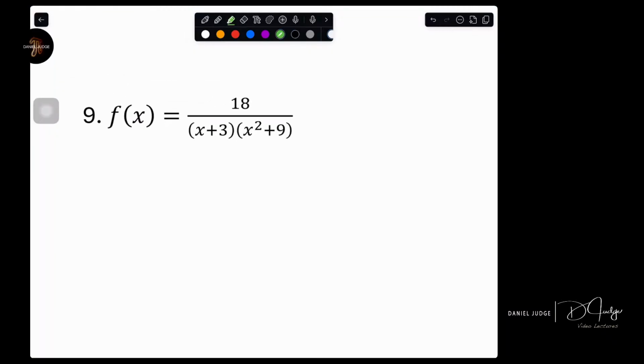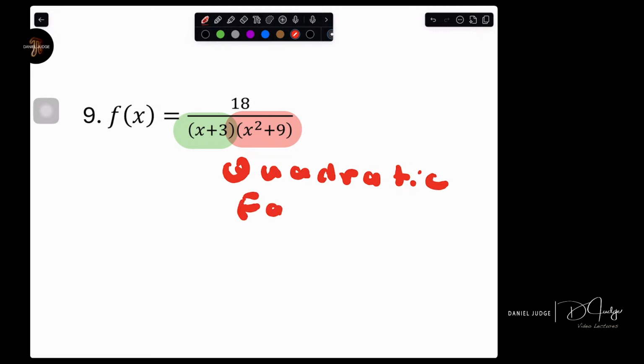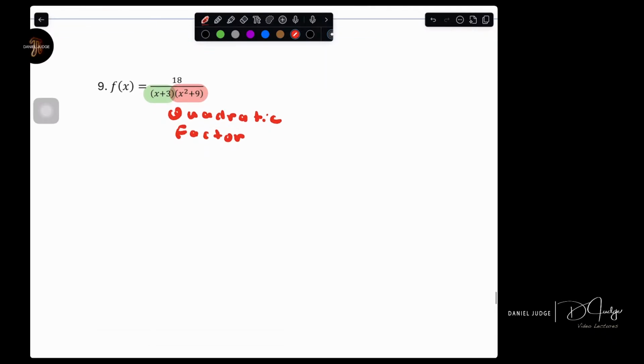Here's another example. You got a linear factor. X squared plus 9 is not factorable, so you have a quadratic factor. All right, so 18 over x plus 3, the linear factor, but now you have a quadratic factor.